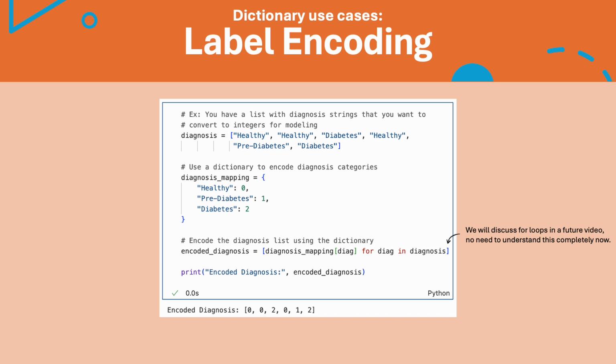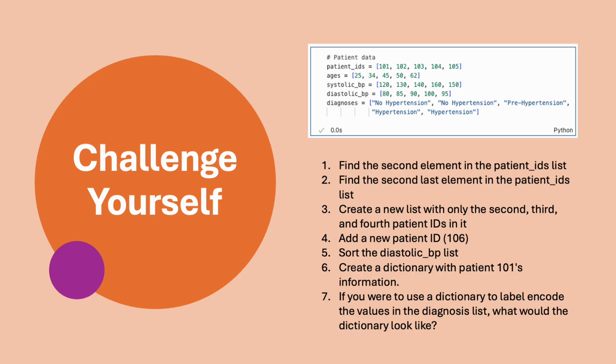And then we have just a 0 and 1 kind of binary feature, which is really valuable in machine learning. I've written an example at the bottom of this little chunk of code of how you would actually use the dictionary to replace those values with numbers. And we use a for loop, which will be discussed in much more detail in a future video. But this is just an example of how you might use a dictionary.